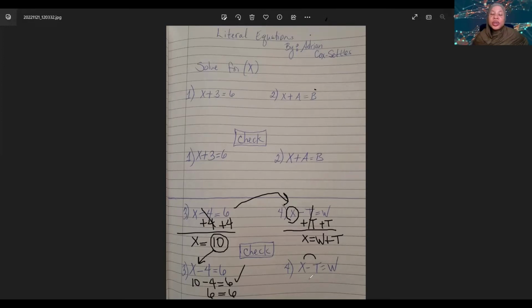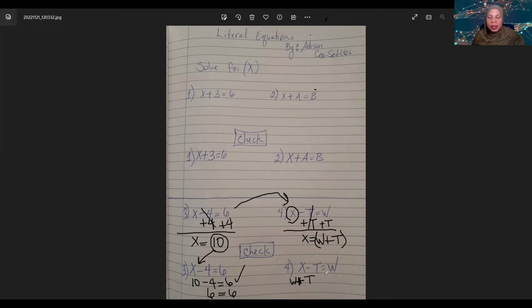So what's next is right here we're doing the check. So we're not solving. So you have x equals w plus t. So that's plug in w plus t everywhere you see x. Now you can keep it in parentheses, but if it's addition or subtraction, subtraction might sometimes be tricky. However, I'm going to keep the x in front.